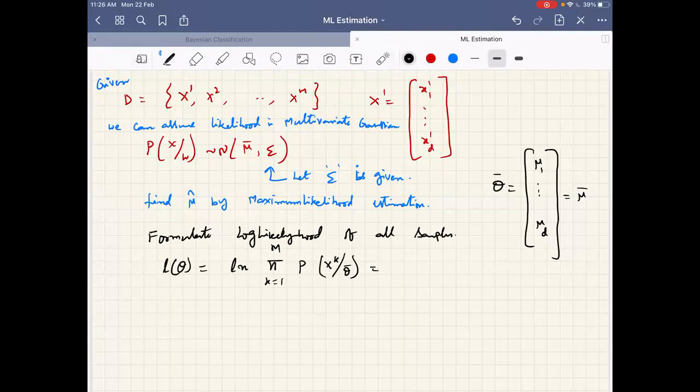This is the summation of ln of p of xk given theta, k equal to 1 to m. Now with this, what is the next step? I have written the log likelihood here. Can one of you tell?